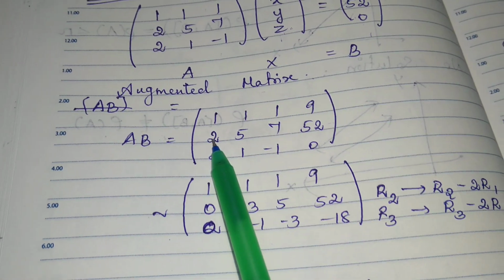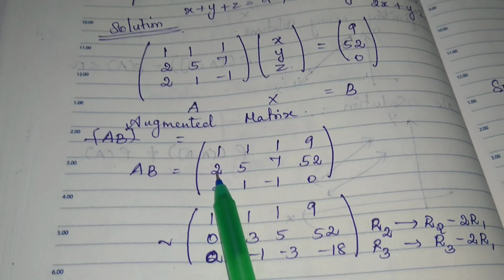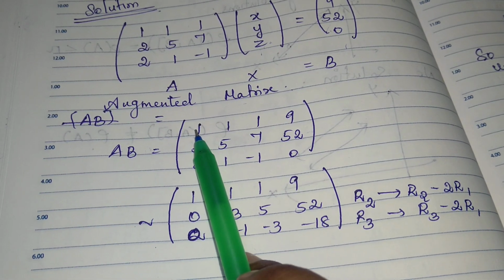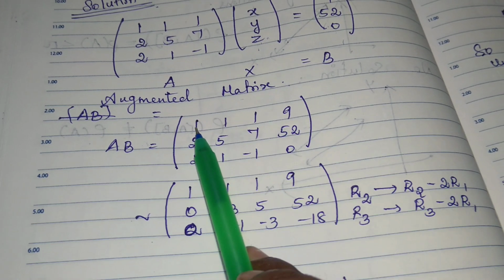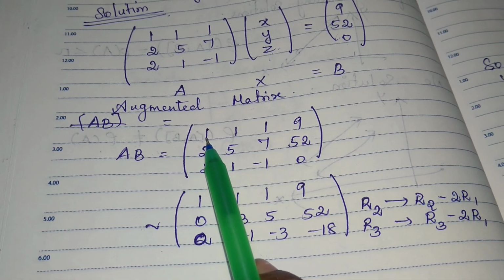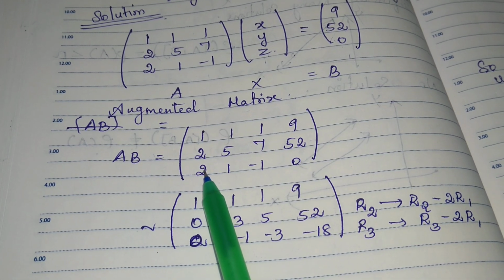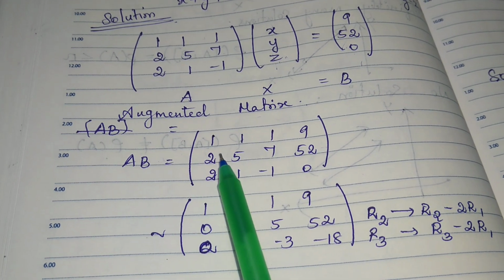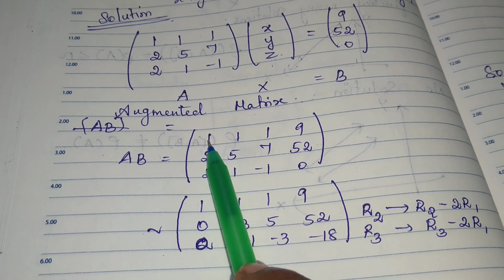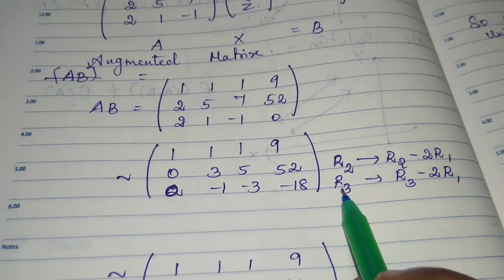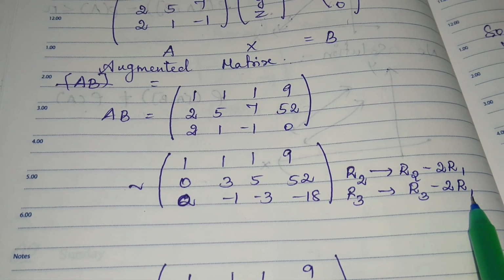See here, I got 2. If I want to get 0 here, I need to multiply row 1 by 2. If I multiply row 1 by 2, you will get 0 here. So row 3 becomes row 3 minus 2 row 1.